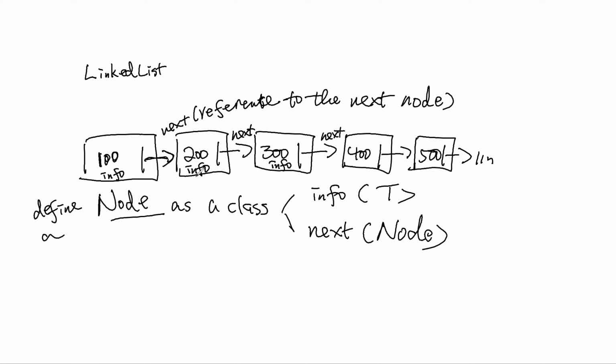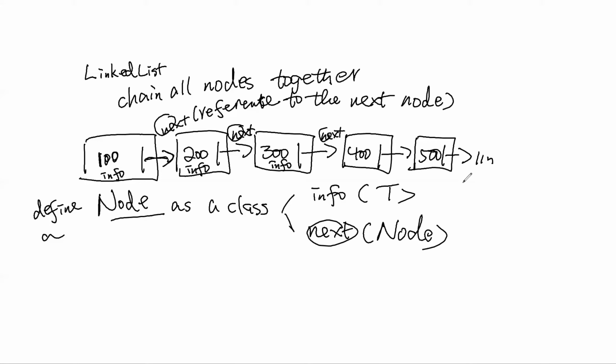Because of the next field, you can chain all nodes together. We chain all of the nodes together. How do I identify this list?